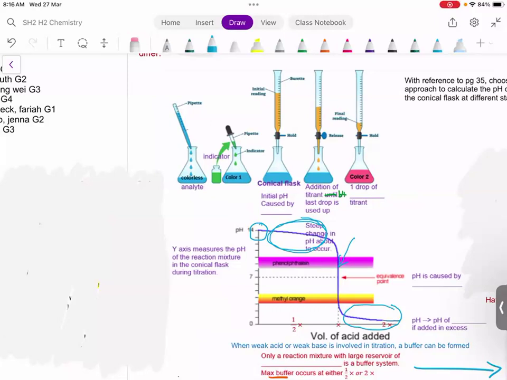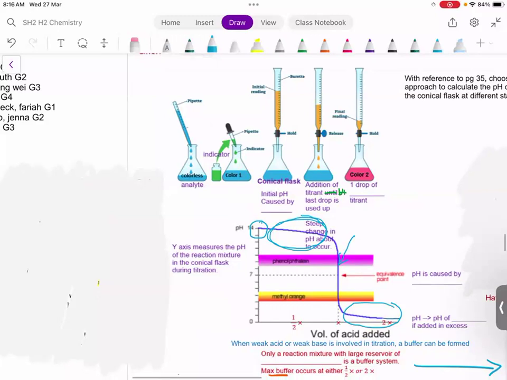I'm trying to match up so that you can visualize the titration setup versus the titration curve.